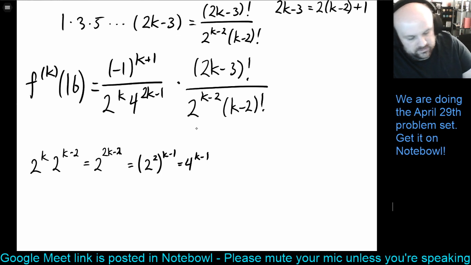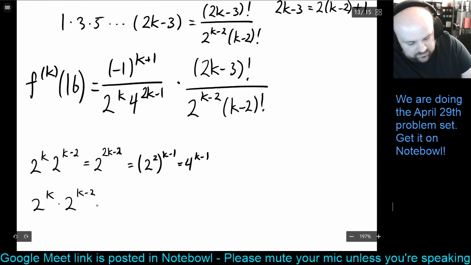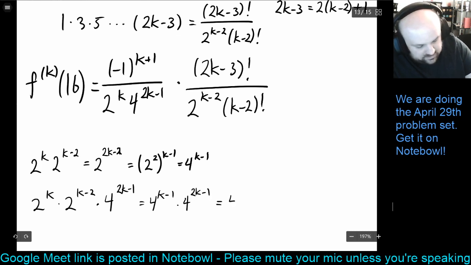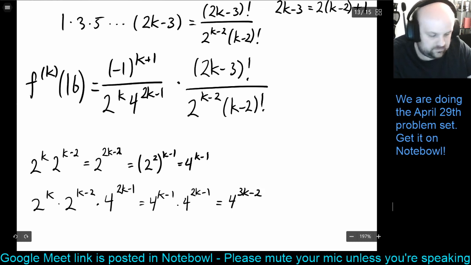So, if we now multiply this original denominator all together, this is 4 to the k minus 1 times 4 to the 2k minus 1. This is 4 to the 3k minus 2.